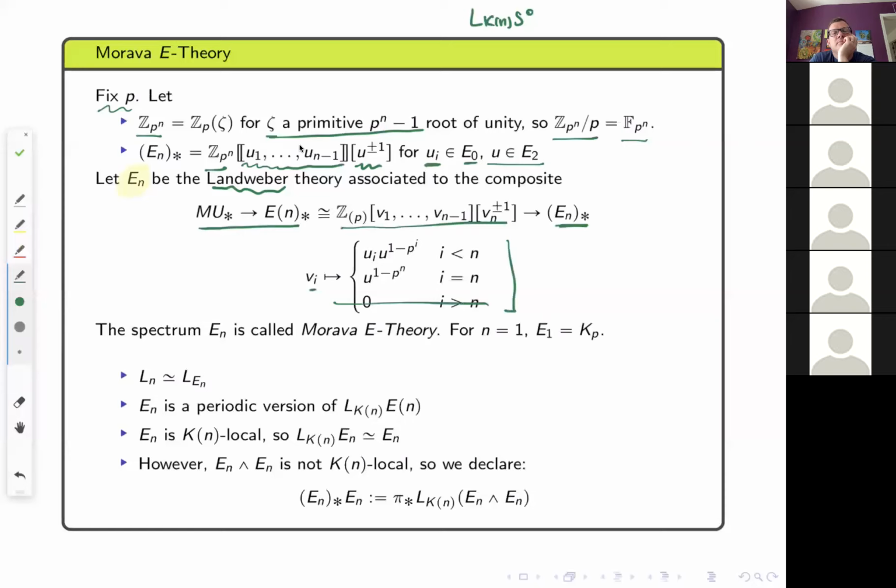Remember that means that the theory is going to be defined by this formula. So the spectrum is called Morava E-theory. Sometimes it's also called the Lubin-Tate spectrum, depends who's talking. And for n equal to 1, you can check, you just get p-complete K-theory.